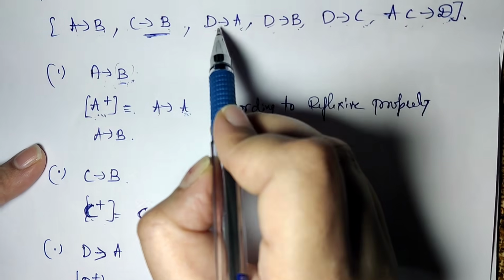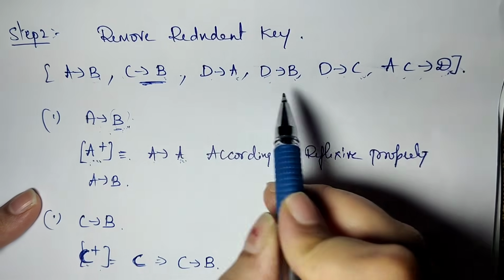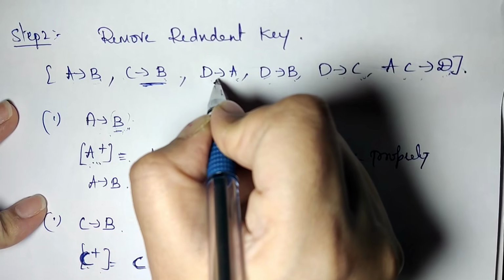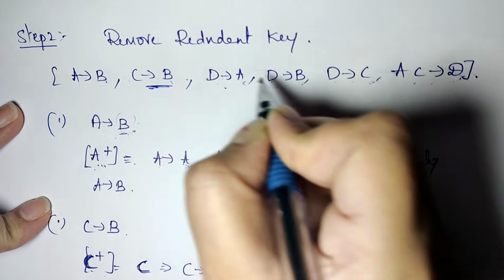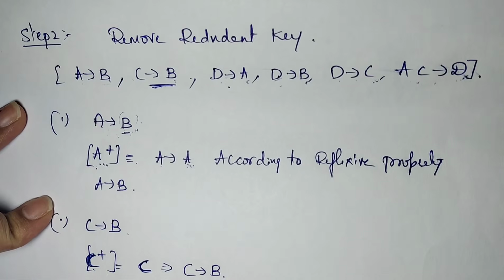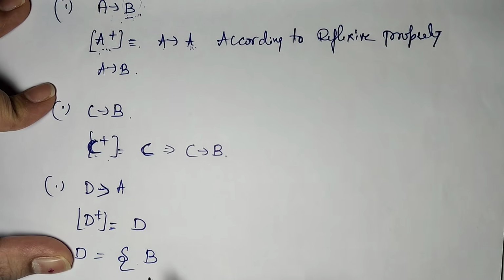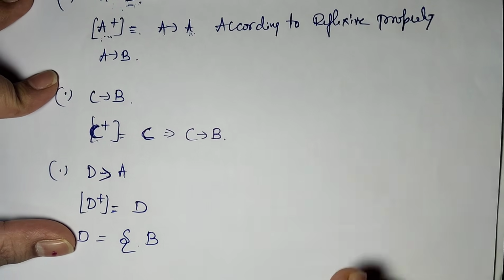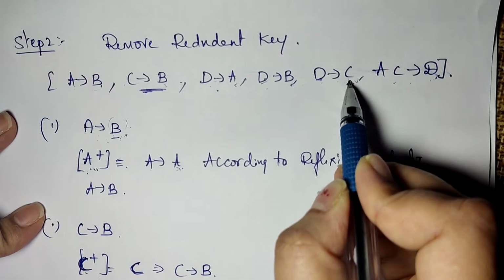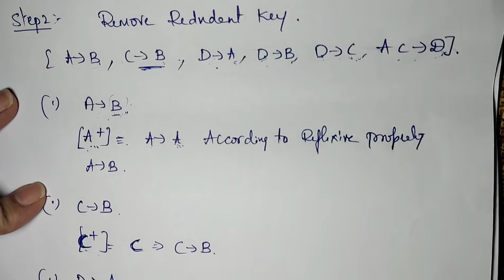Now we want to remove this D tends to A. From D we can get B, yes, it's possible. Next, from D we can get C also, isn't it? So C.